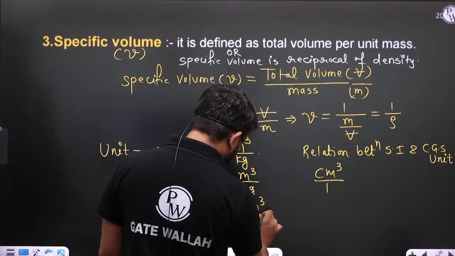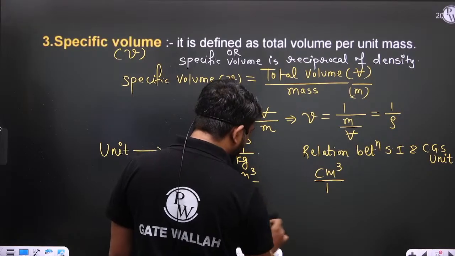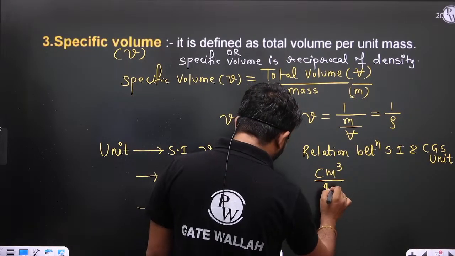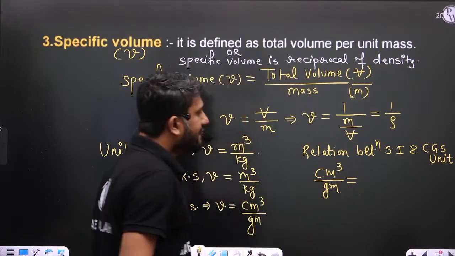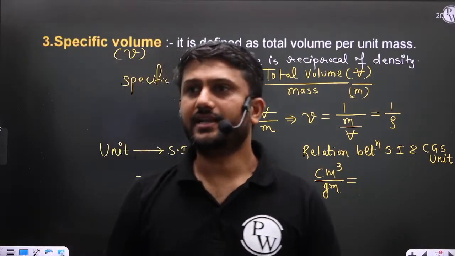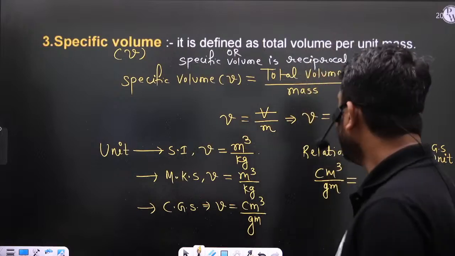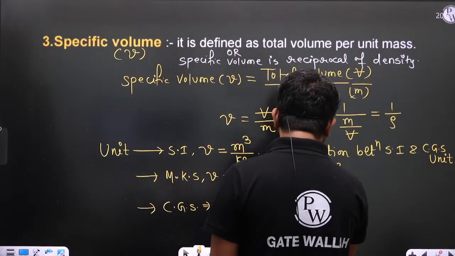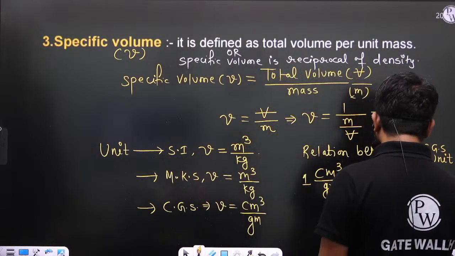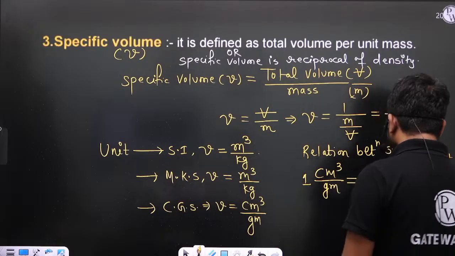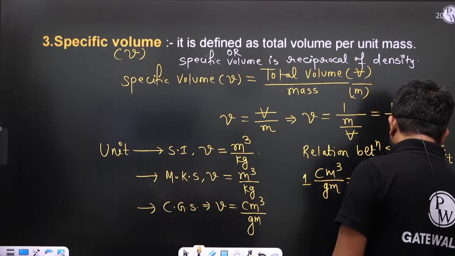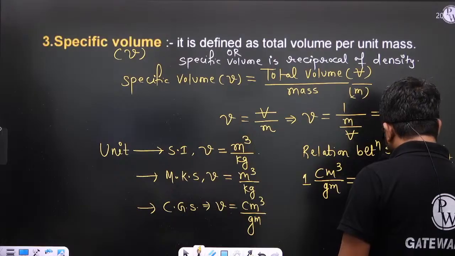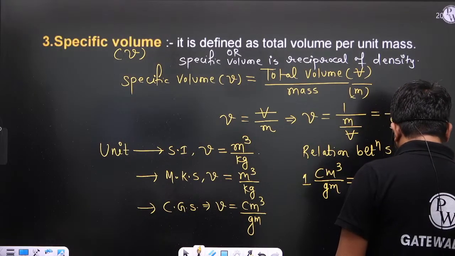I'm sorry beta, centimeter cube per gram. 1 centimeter cube per gram is equal to 10 to the power minus 6 meter cube divided by 10 to the power minus 3 kg.